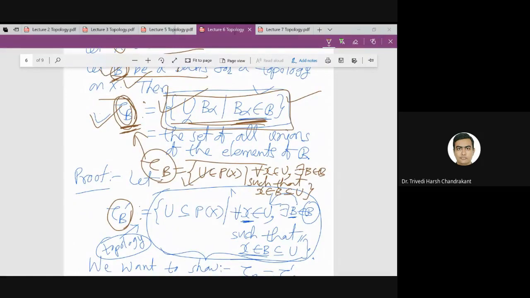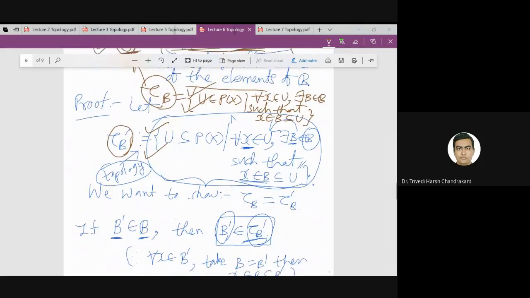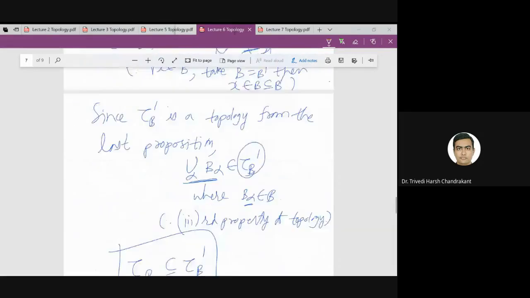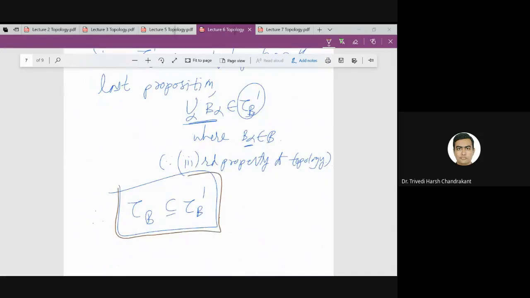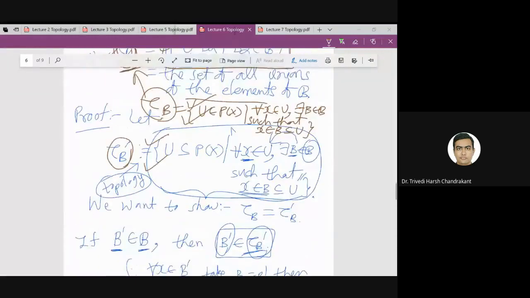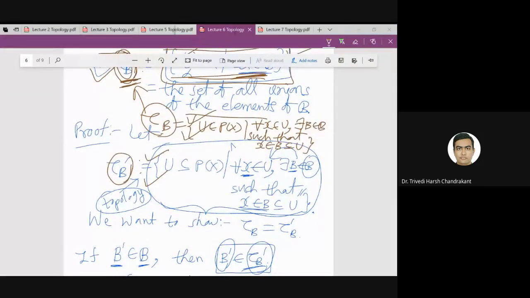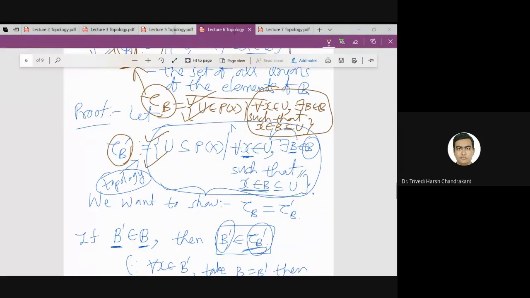Therefore every element of this set belongs to this set, and every element of this set belongs to this set. That is what we want to show. So the first thing we have proved is that tau B is contained in tau B dash. That means if I take any u belonging to tau B, it belongs to tau B dash. Any element u belonging to tau B satisfies this property. So we started with that.